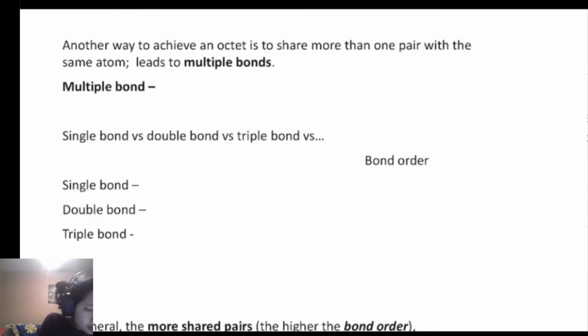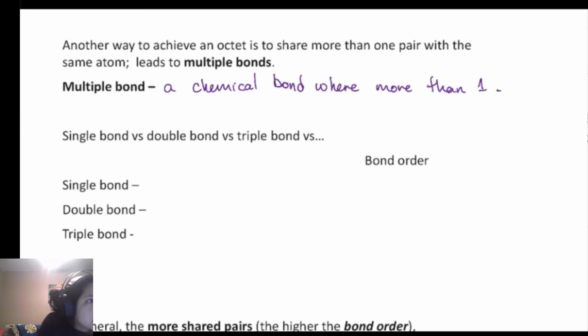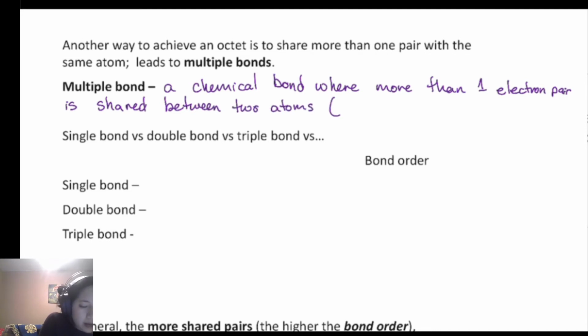So a multiple bond is a chemical bond where more than one electron pair is shared between two atoms. So that means one electron pair is equal to two electrons.